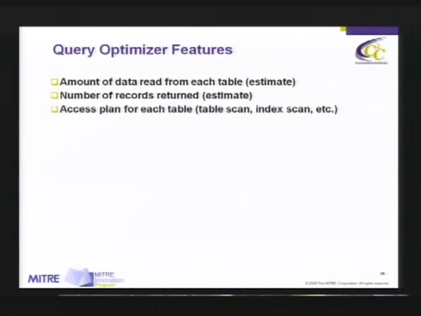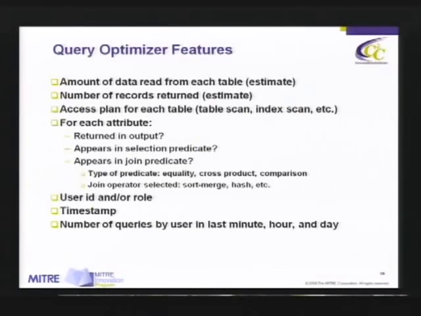We know exactly which access plan is going to be used for each table. Are we going to just do an exhaustive scan of the entire table, or are we going to use some sort of index to look up just the values that we're interested in? I won't go through all of the rest of them, but there is a myriad of other features: which attributes are being returned, what algorithm is being chosen to do any joins that are being performed, which user or role is purported to be being used, etc.